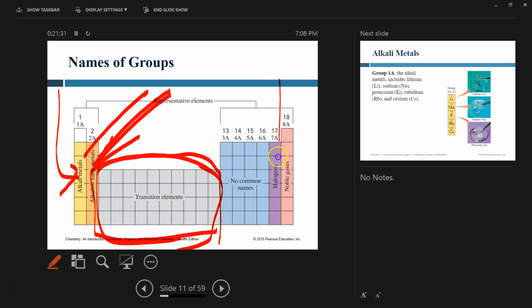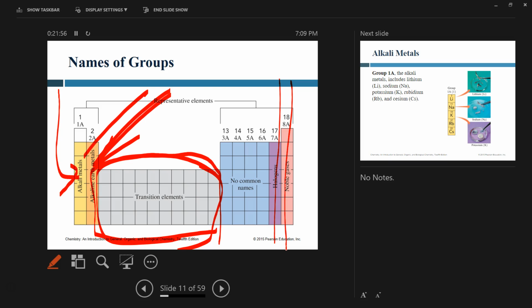Now, last two groups in the periodic table, the group 17 and group 18. Group 17 is called halogens. The word halogen comes from Latin, which means forming salts. Like salt.